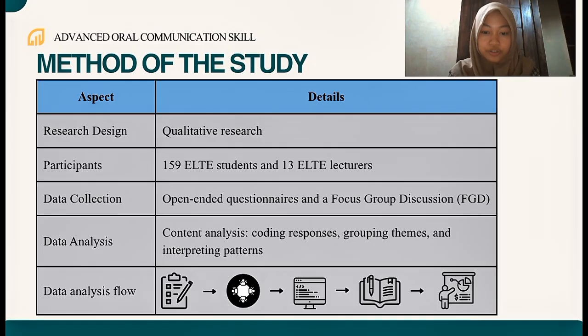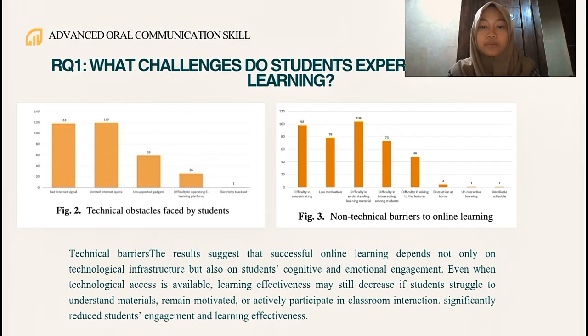Let me now turn to the core findings, starting with the challenges encountered by the students based on Figure 2 and Figure 3. The empirical data shows that there are two major types of challenges: technical and non-technical. The important thing about the technical challenges is that they directly hinder learning accessibility.